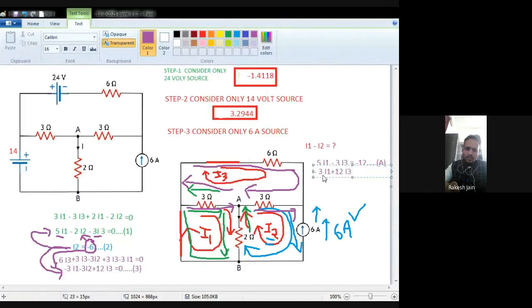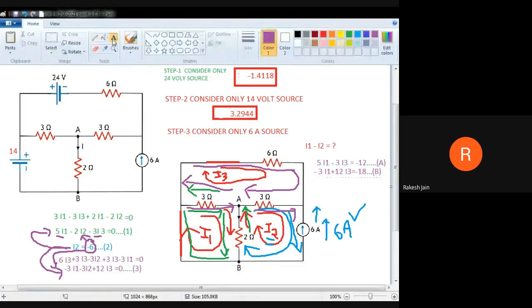But I2 also passes through this 3 ohm from left to right, so the direction is opposite. Because my current is I3, I write it with positive. So plus 3 I3. And because the other current is opposite, I write it with negative, 3 I2.